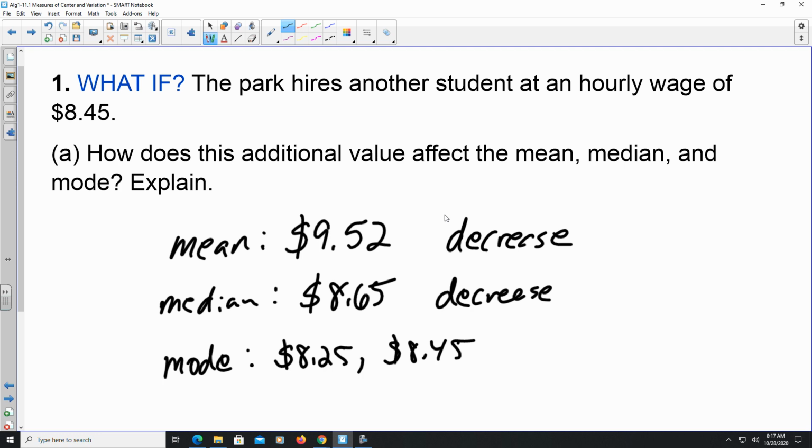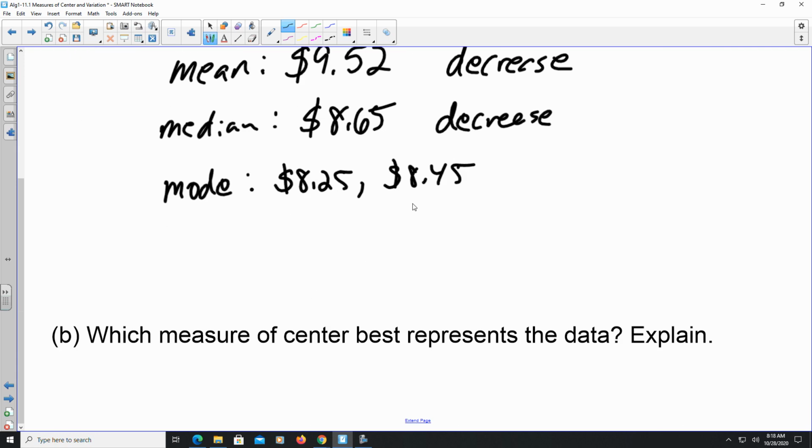There were some decreases in the mean and the median because the wage of 845 was on the lower end of the wages, looking at it as a whole. But if you're still trying to figure out which measure of center best represents, it's still going to be the median.